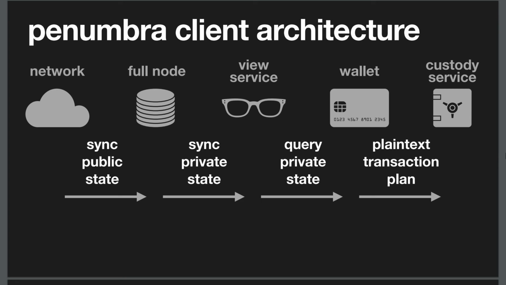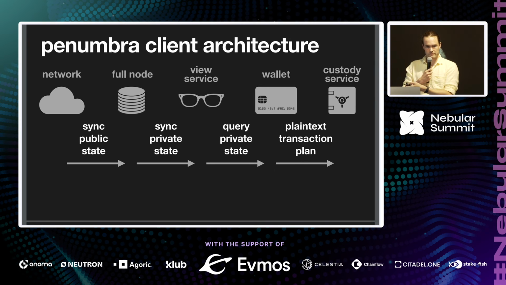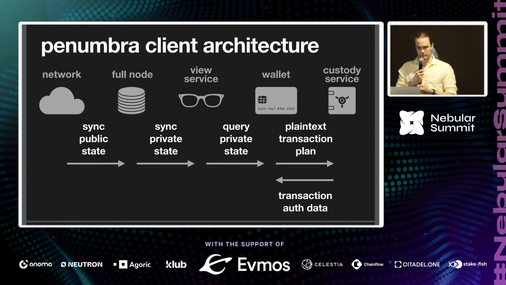The custody service is modeled as some kind of async RPC, so it could be in process, it could be a hardware wallet, it could be a cluster that does threshold signing, whatever. And it sends back a set of authorization data, which is like signatures that are going to be slotted into the transaction in the right place.